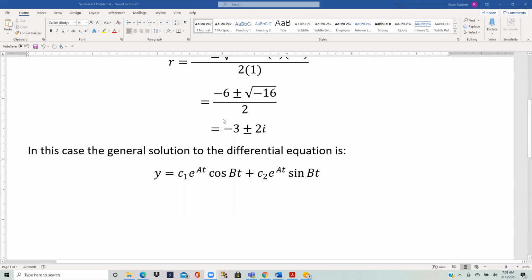So the general solution in the case of complex roots we know is C1 e to the at cos bt plus C2 e to the at sin bt, where a is -3 and b is 2.